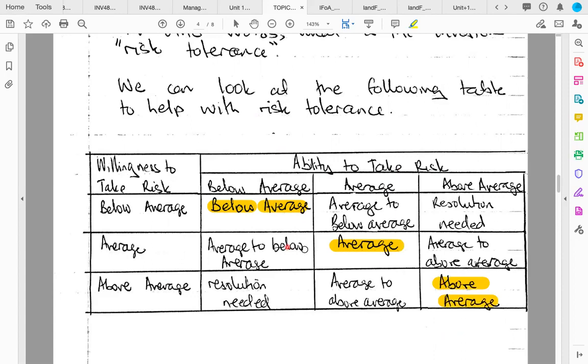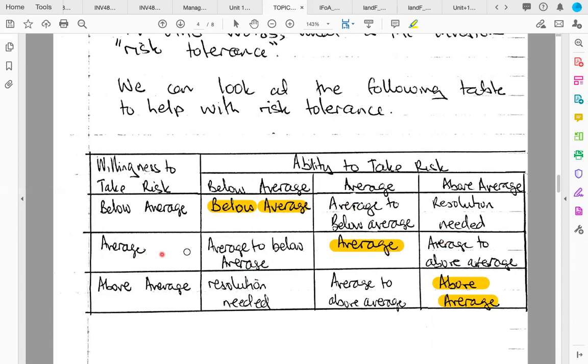And then sometimes we have mixtures in between. Willingness to take on risk below average, ability to take on risk average, and then it means the risk tolerance is average to below average. Willingness to take on risk is average, ability to take on risk is below average, risk tolerance is average to below average, and so forth. So this table can act as a guide, but we will look at examples.